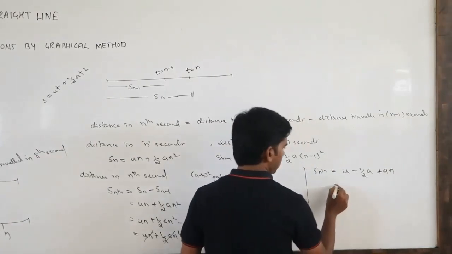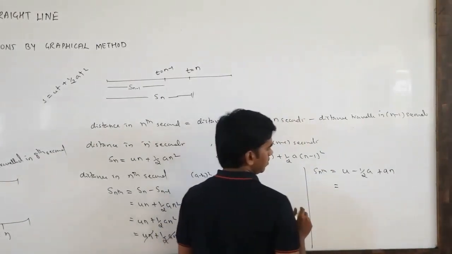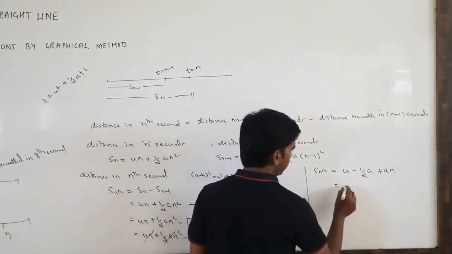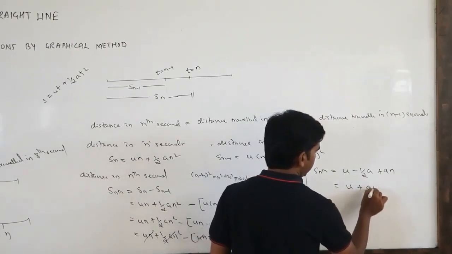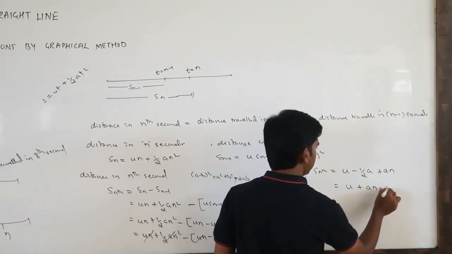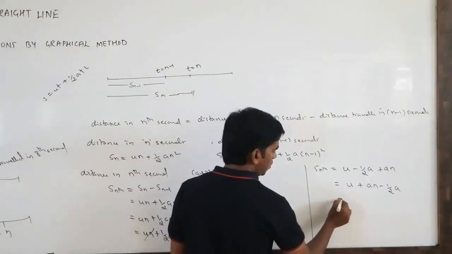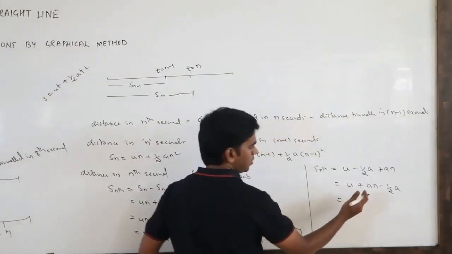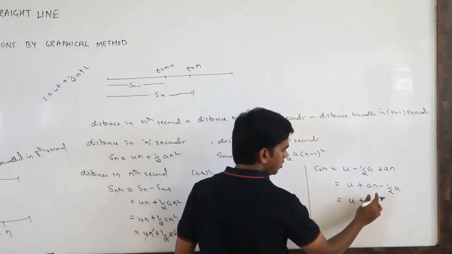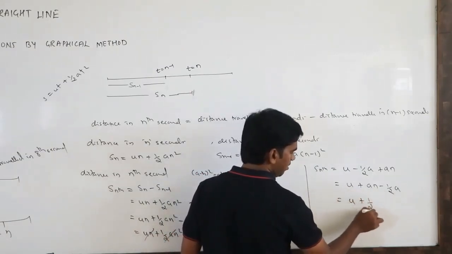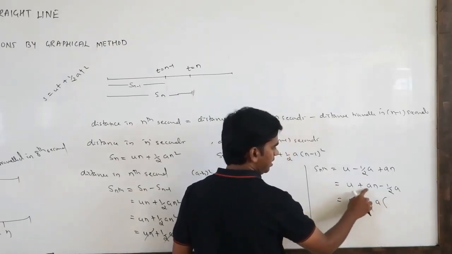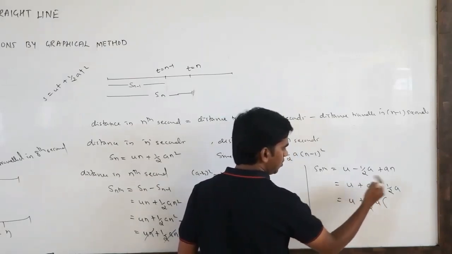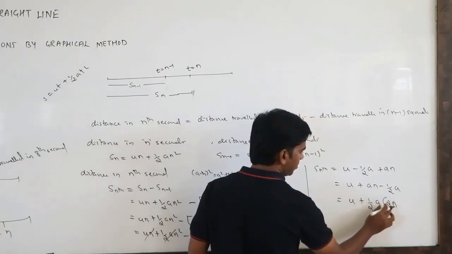Okay. So now what you can write is u plus an minus half a. Take a common, and take half also outside, so half a. If you take half outside here, you have to multiply by 2n.